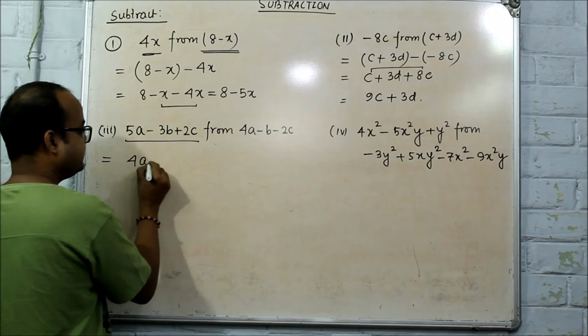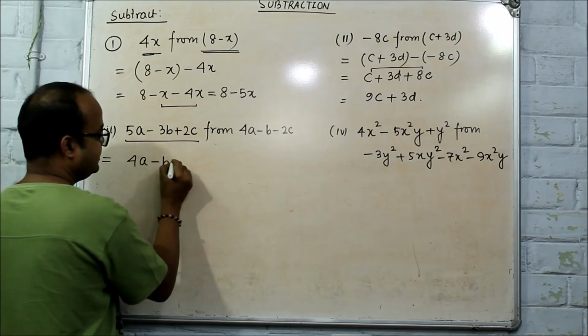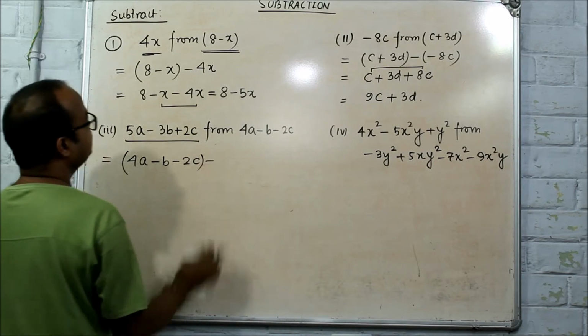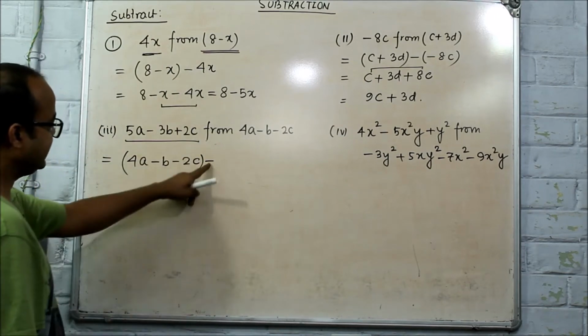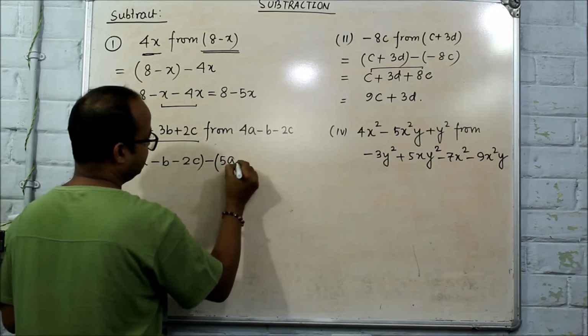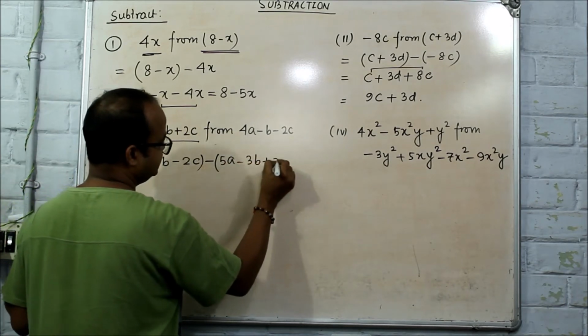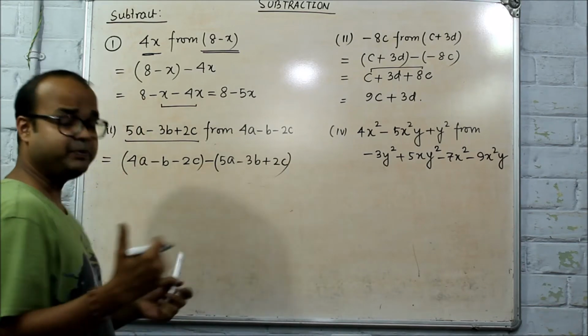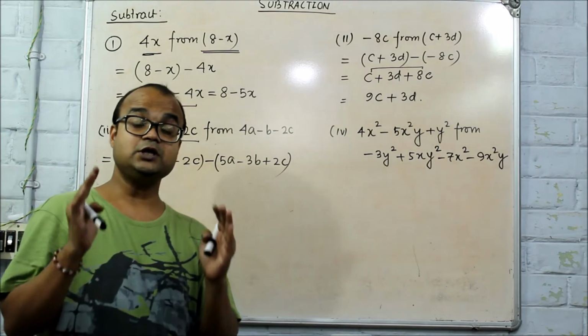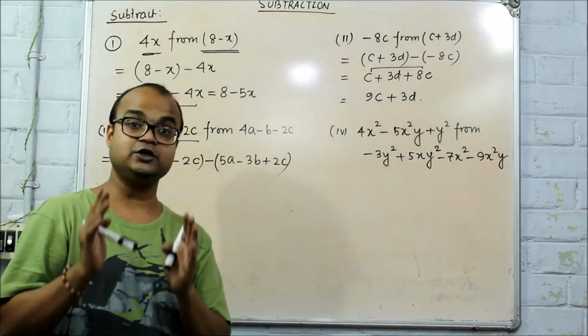So 4a minus b minus 2c, minus. We need to perform the subtraction, so a minus sign, then we write this term 5a minus 3b plus 2c. Since you are learning a new concept, always use brackets to avoid errors.